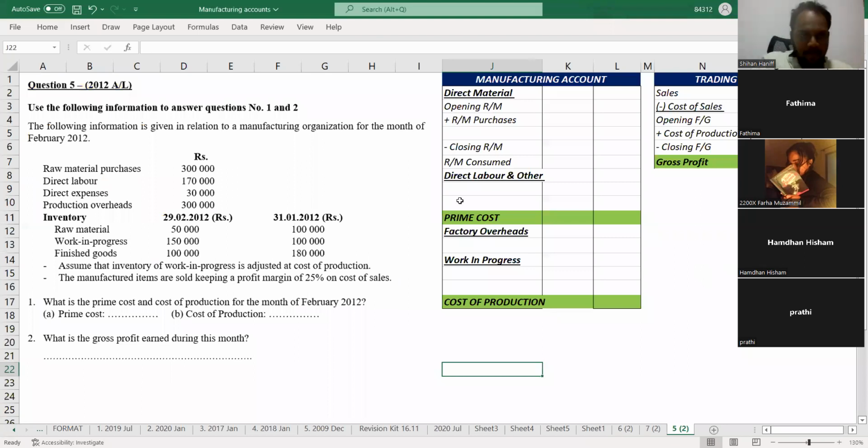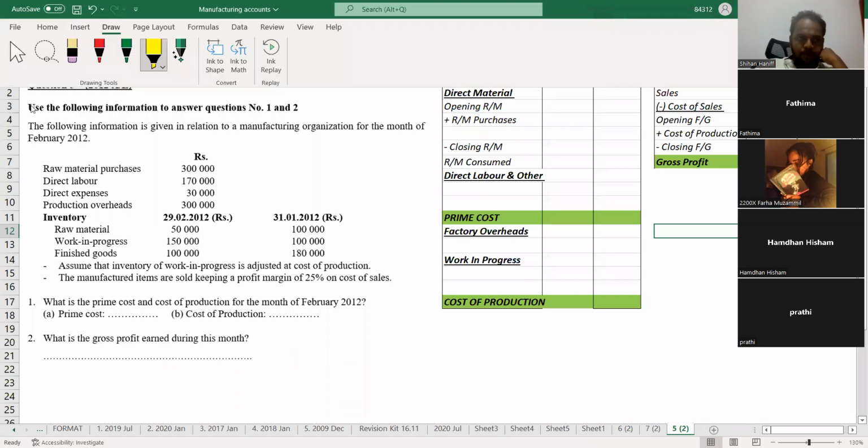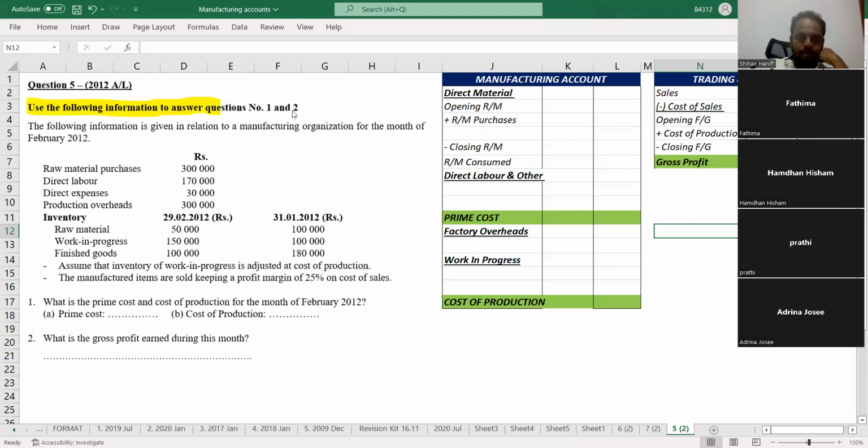So we'll do this question, 2012. A very important question. Use the following information to answer question number 1 and 2. Following information is given in relation to a manufacturing organization for the month of February 2012.